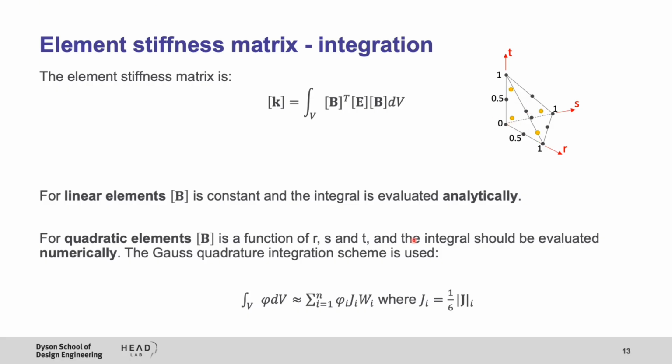Once you sample here, you can multiply it by Ji. This is the Jacobian evaluated at that point within the volume, and this is a weighting which is well defined for the Gauss scheme. If you want, we can look at the Gauss scheme and you will see the weighting for different numbers of integration points.